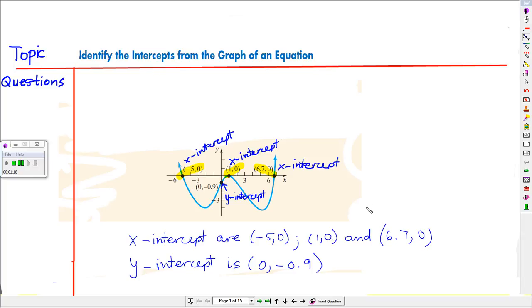So now let's write down the definition of the x-intercept.